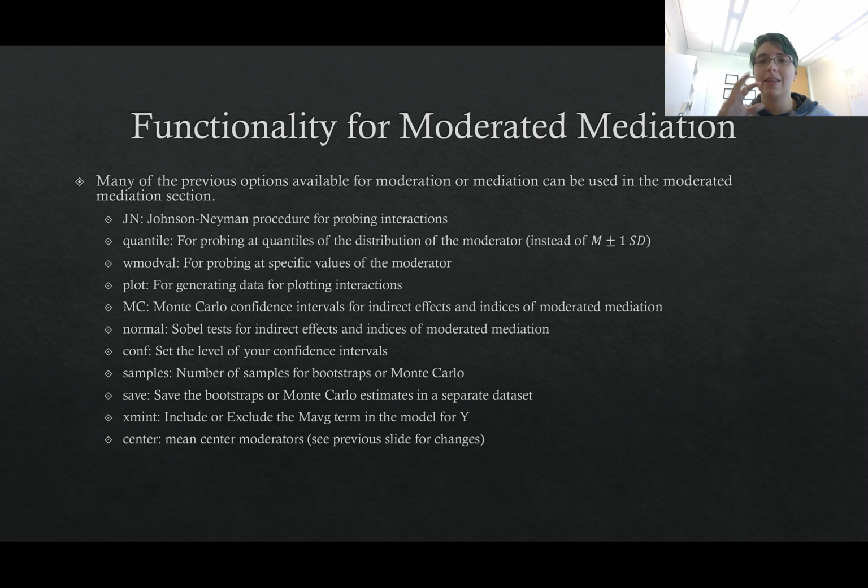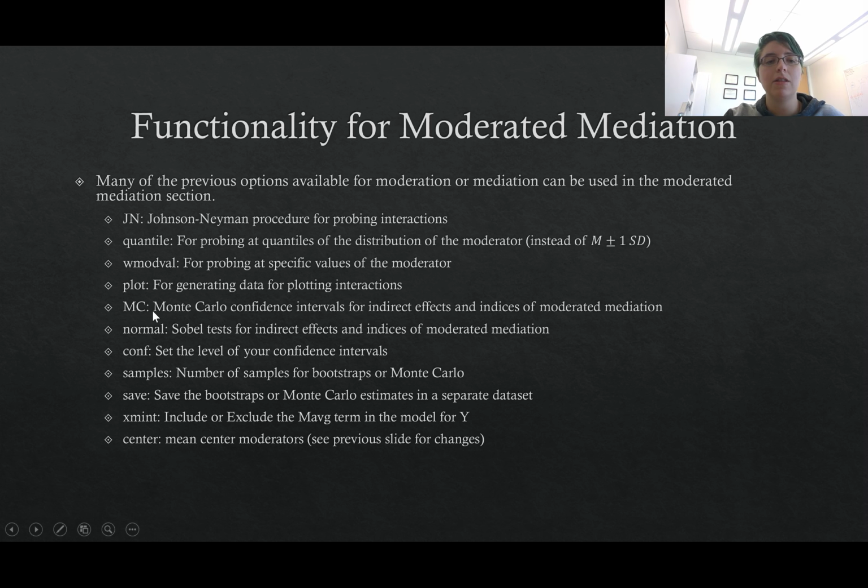And there's nothing in the mechanics of the way that the model is estimated that would tell you that that is the case. Additionally, if there are specific values that you want to probe any of the conditional effects or the conditional indirect effects at, then you can use the W mod val options. The plot options will give you options for plotting the interactions that are estimated in the model.